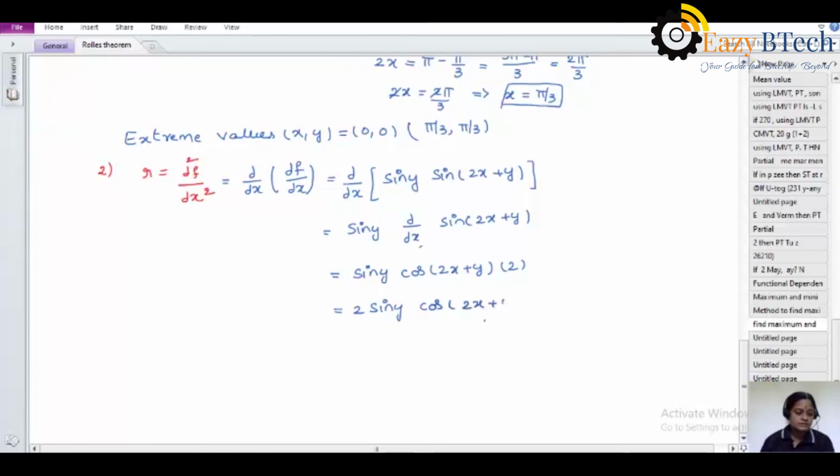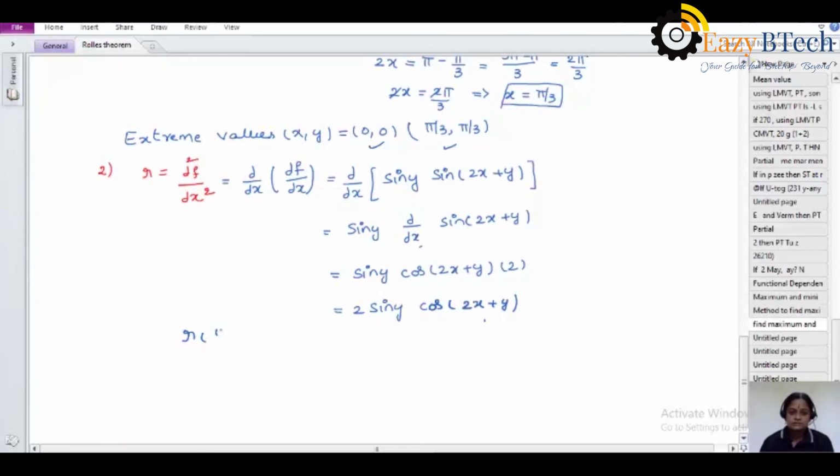So now finding the value of R at the point x comma y. Here x comma y has 2 points. Of course the 0 comma 0 point, if you substitute x as 0 and y as 0 here, the sine term is there, so the total function becomes 0.